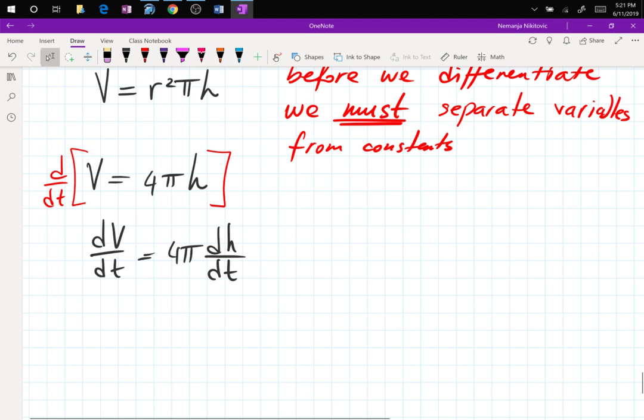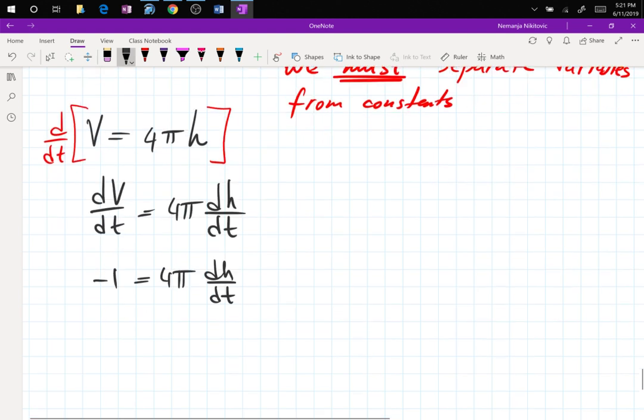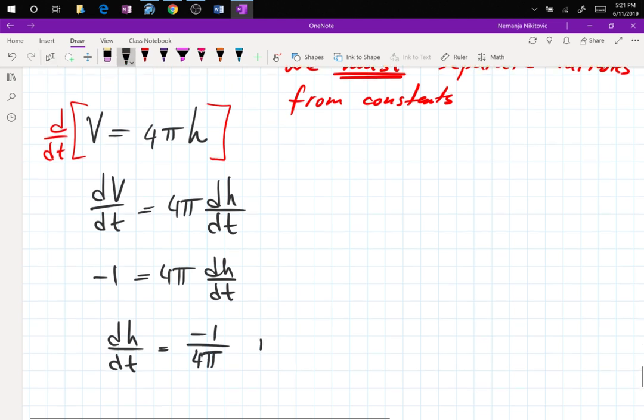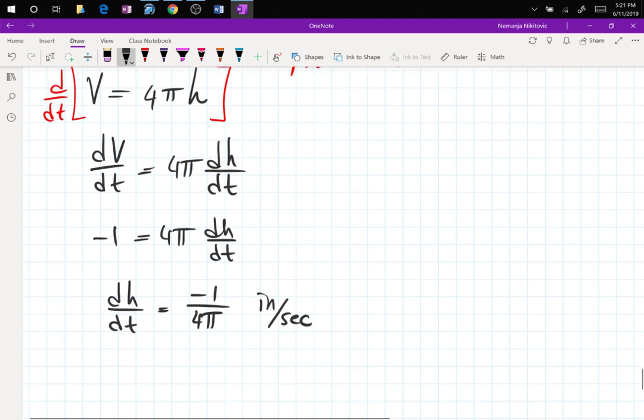So now you know that dV/dt is negative 1, 4 pi dh/dt, and dh/dt is going to be negative 1 over 4 pi inches per second. You can go get the decimals if you care.